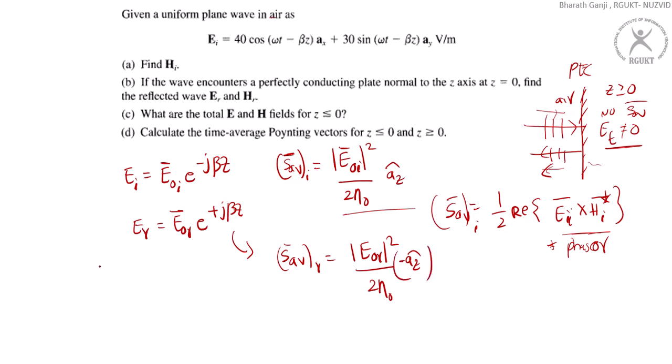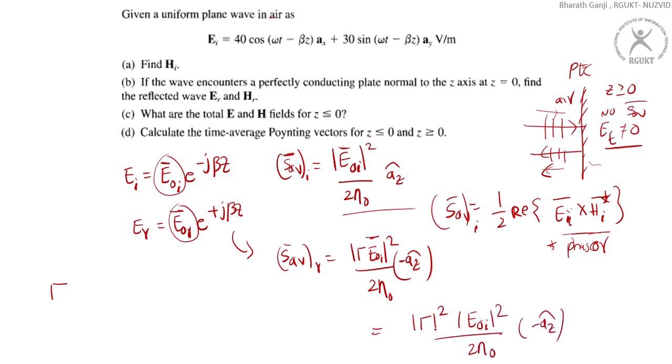So we know that the magnitudes of these electric field vectors are related by the factor of reflection coefficient tau. So in place of this E naught r bar, I can replace it with magnitude of tau times E naught I bar. Okay, so I can write the same expression as magnitude of tau square times magnitude of E naught I square divided by 2 eta naught times minus az cap.